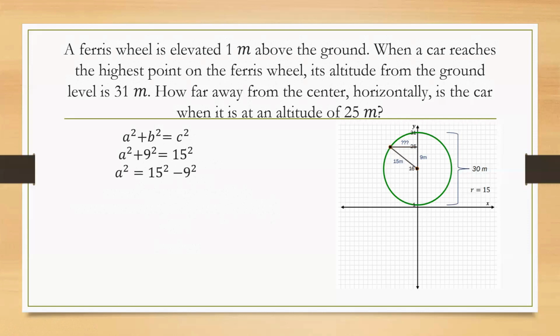So we moved positive 9 squared to the other side, so it becomes negative 9 squared. Then to find A, just A, not A squared, we find the square root of 15 squared minus 9 squared, which brings us to our answer, 12. A is equal to 12 meters.